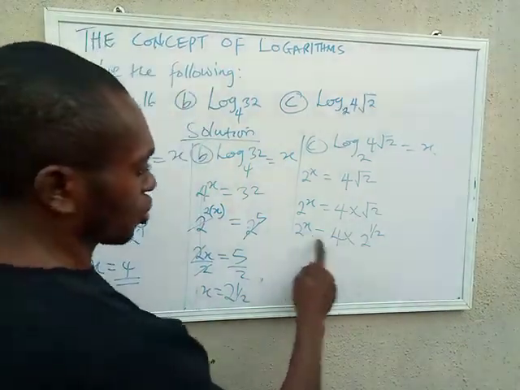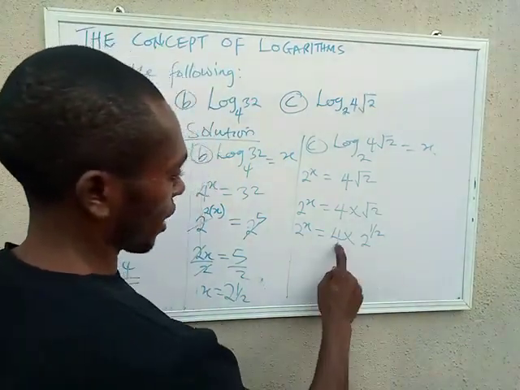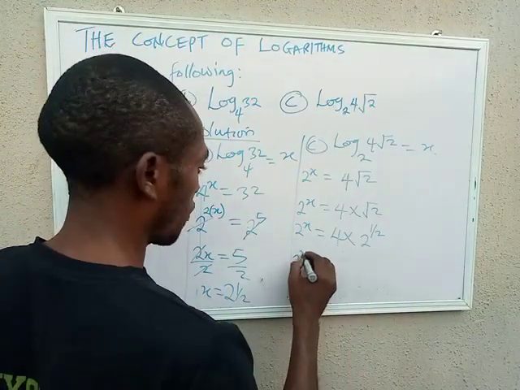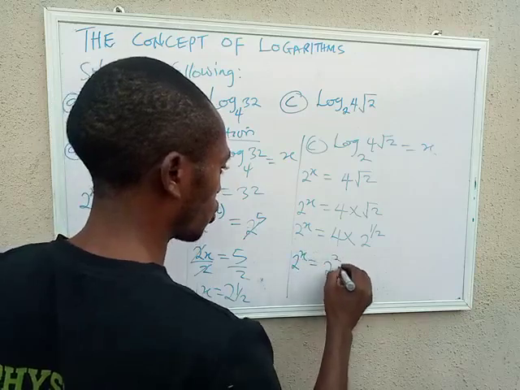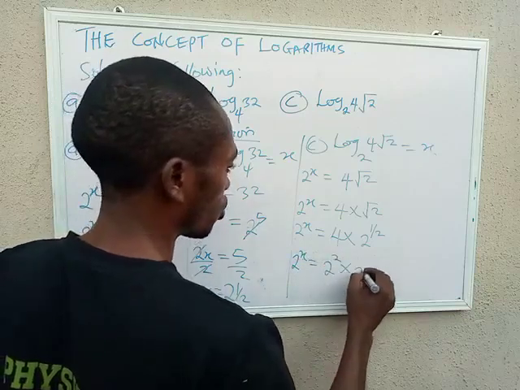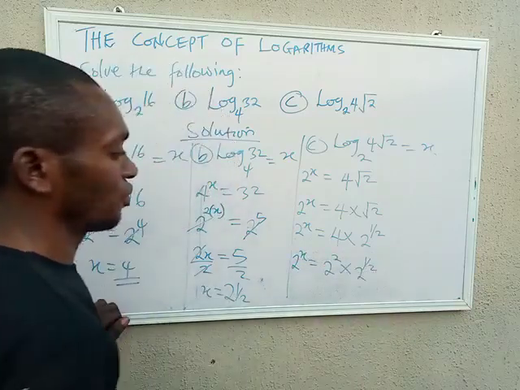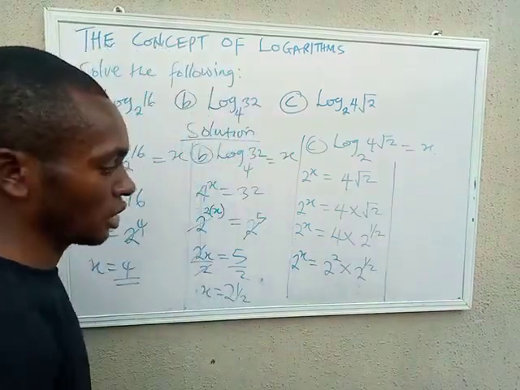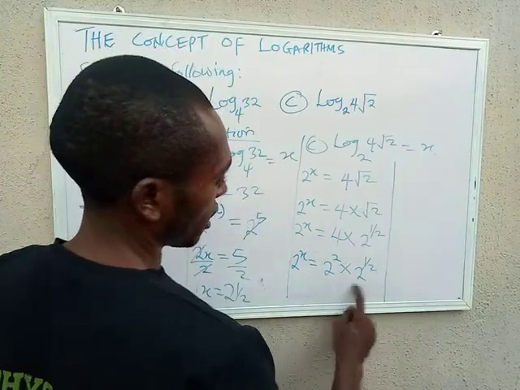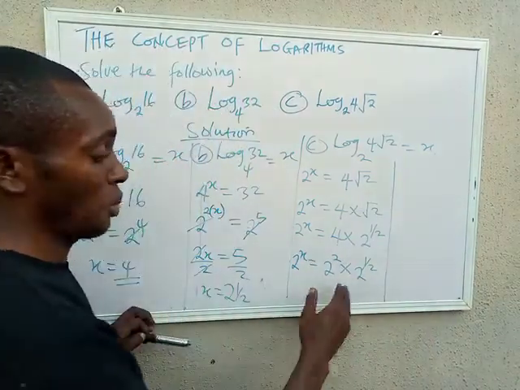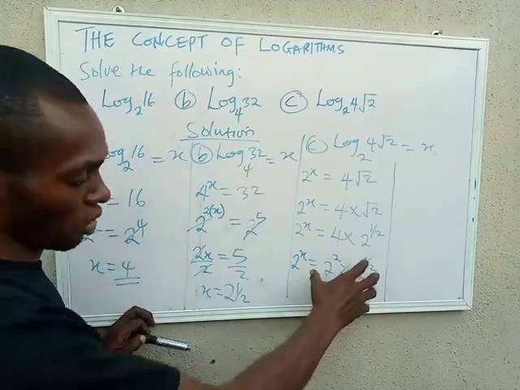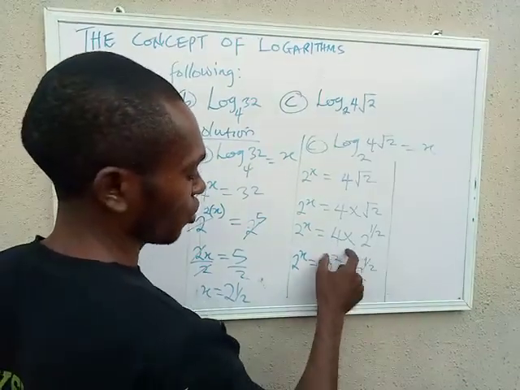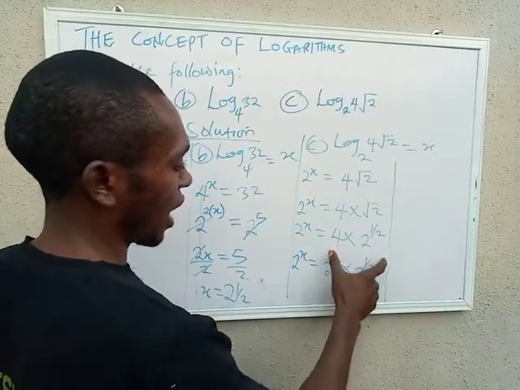So I want to change this to the same base, so I will have to change this 4 to base 2. I have 2 raised to the power of x equals 2 raised to the power of 2 times 2 raised to the power of a half. If you remember in indices, when you are multiplying the same numbers, you add the powers.